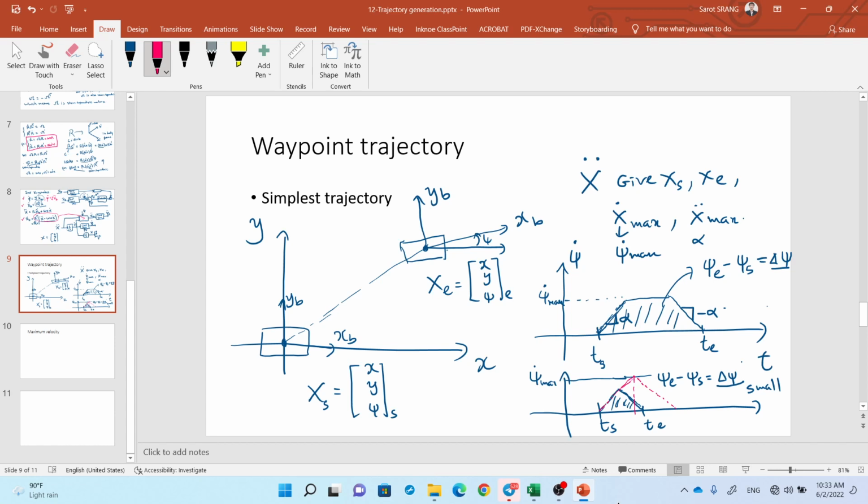Let's call it tau during acceleration, and then here tau that starts deceleration, from here to here.